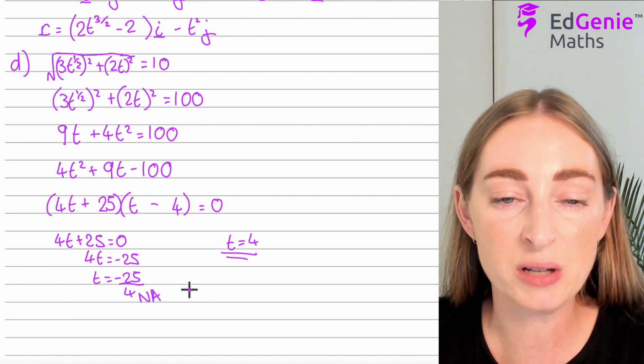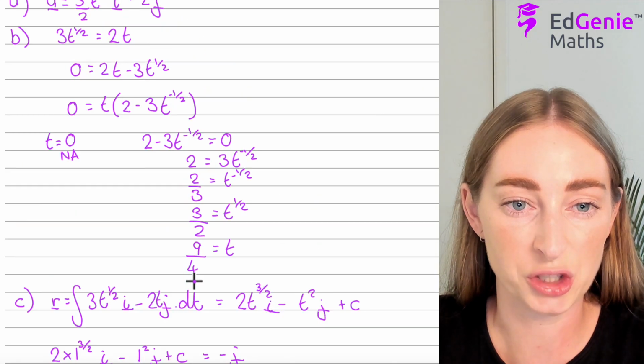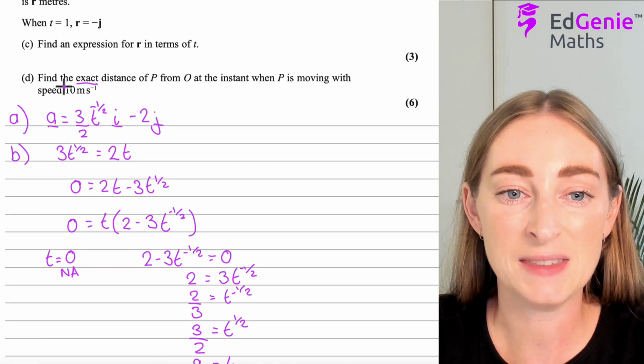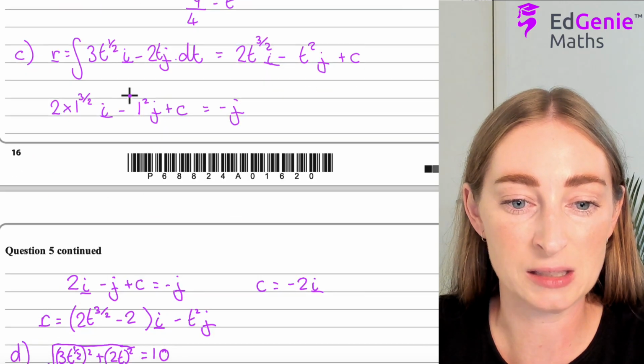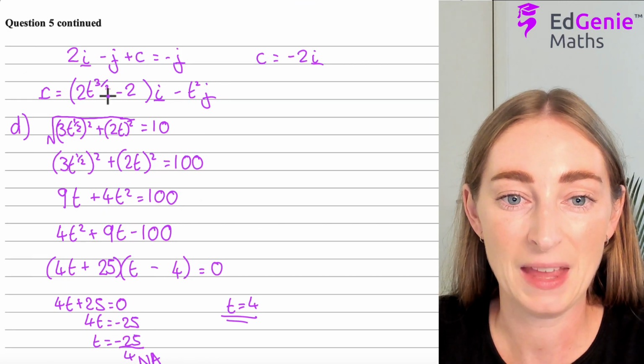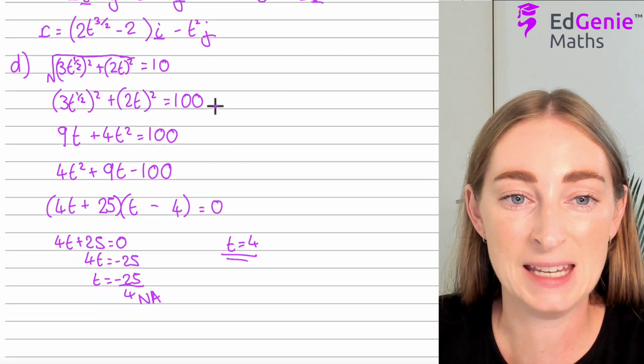So now that we know our time, go back to the question. Find the exact distance. So we look at our distance formula, which is here. And now we're going to substitute in t for 4.